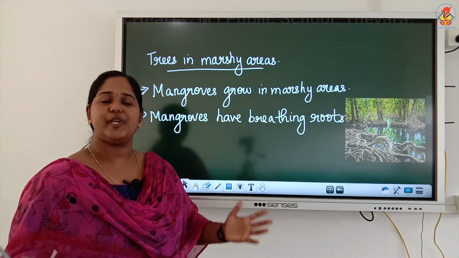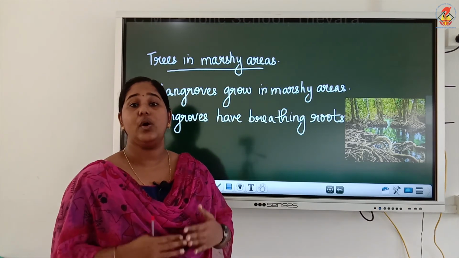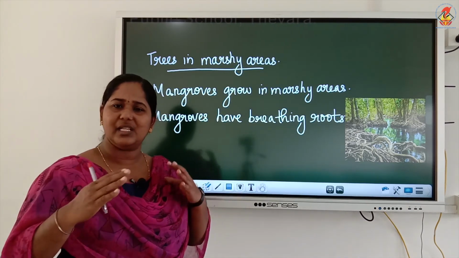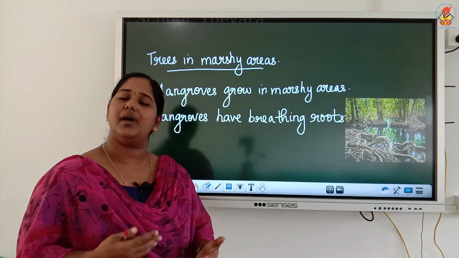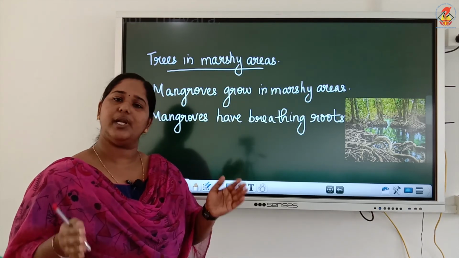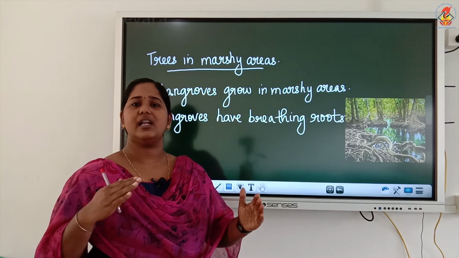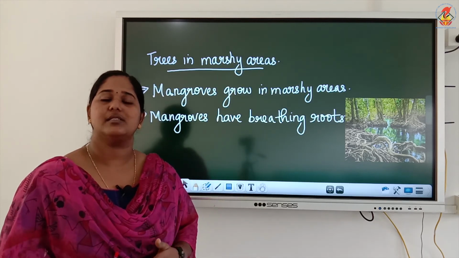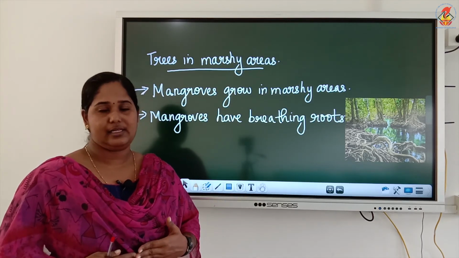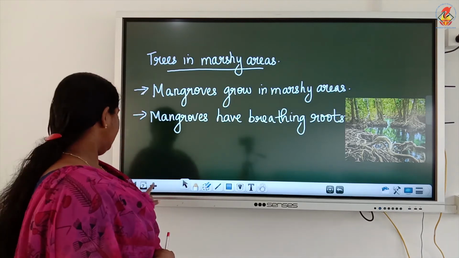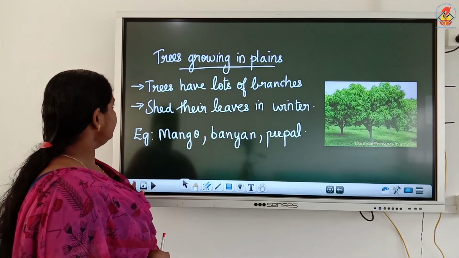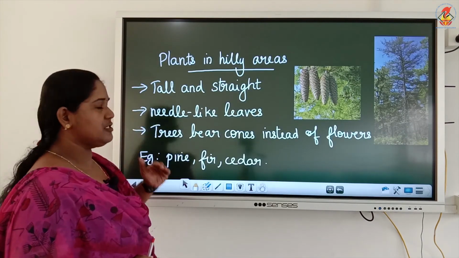So, these are the specialities of plants that grow in terrestrial areas, and these are the main classifications. There may be some other special types of plants, but normally these are the few main classifications of plants that grow in different types of land. So, we can take a look at the plants from the first onwards.